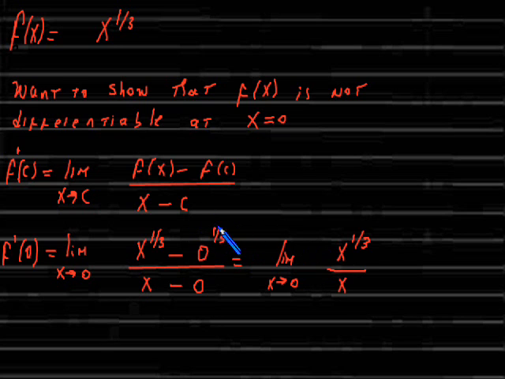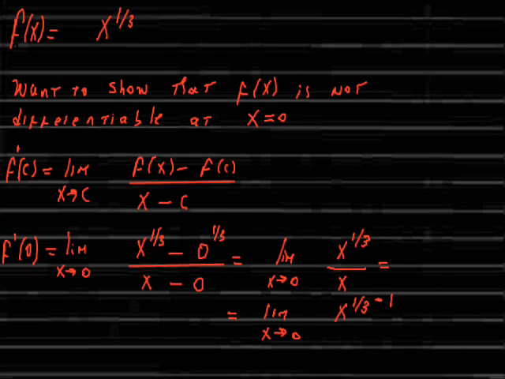Why is that? Because 0 to the 1/3 is just 0. The cube root of 0 is just 0, and here we just have x. So after simplification, this is just the limit as x approaches 0 of x to the 1/3 minus 1.